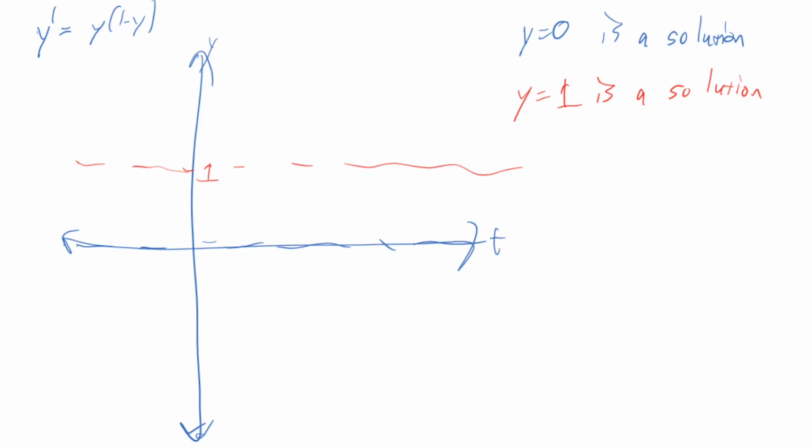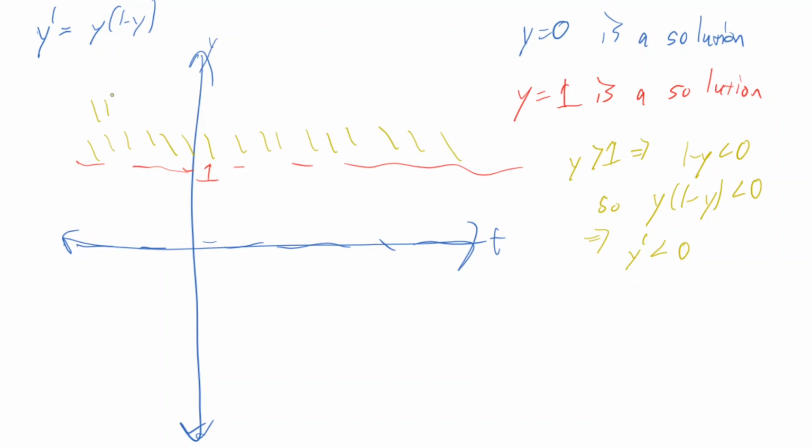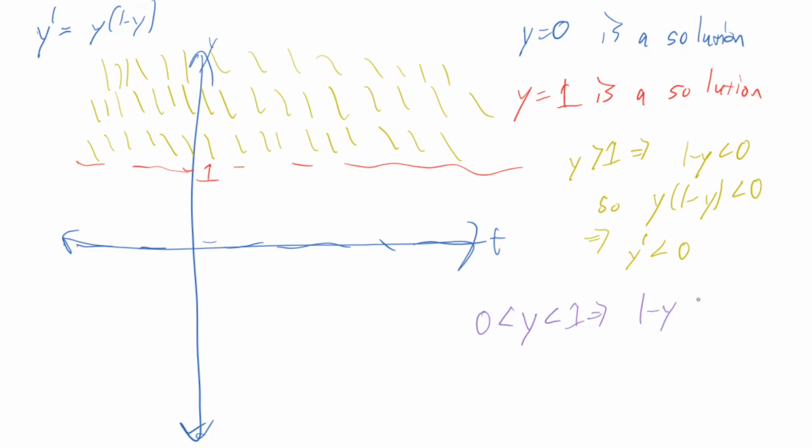Now for y bigger than 1, 1 minus y is negative. So the product, which gives us the derivative, is going to be negative. So everywhere above the line y equals 1 has negative slope. So we could just fill that in. And for y in between 0 and 1, both terms y and 1 minus y are positive. So y prime should be positive.